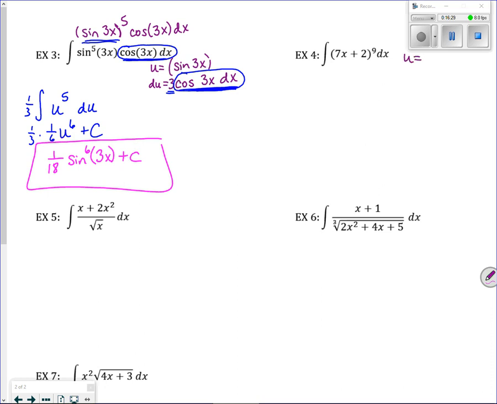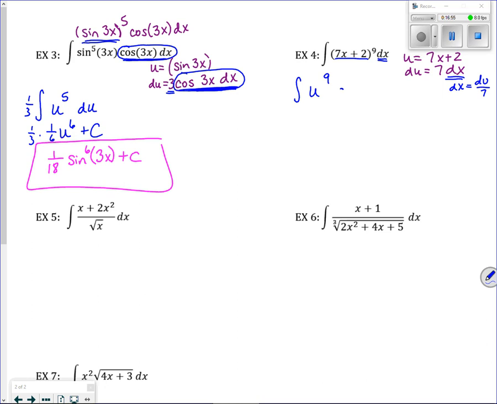We're going to let u be 7x plus 2. du is 7 dx. So what do I have when I substitute? This is u. I have u to the 9th. Now what is dx? Friends, if I solve for dx, dx is du over 7.